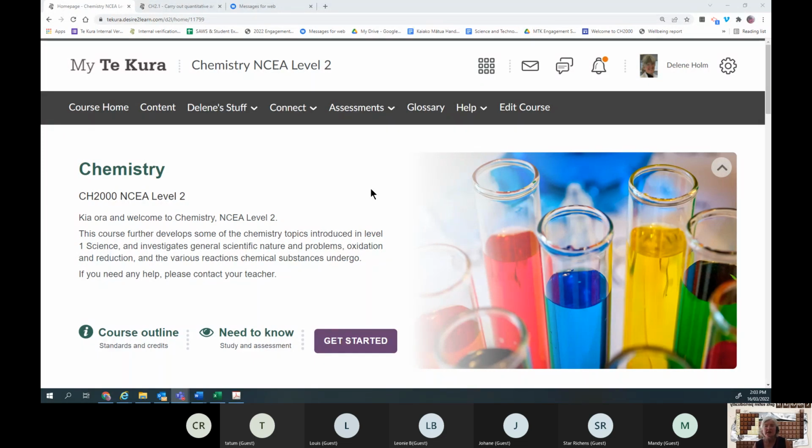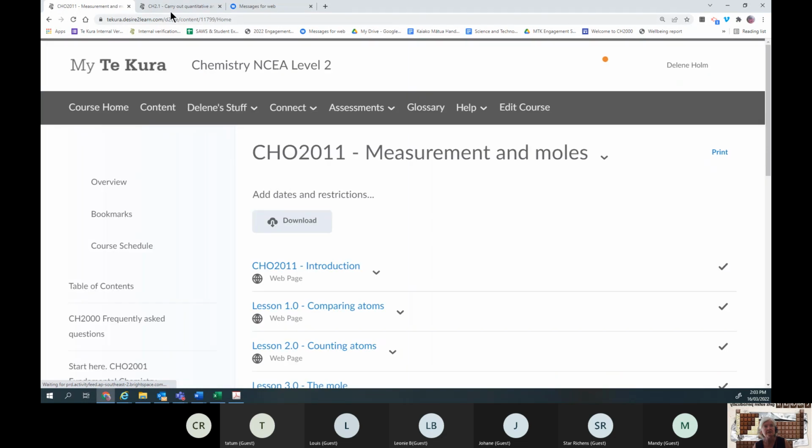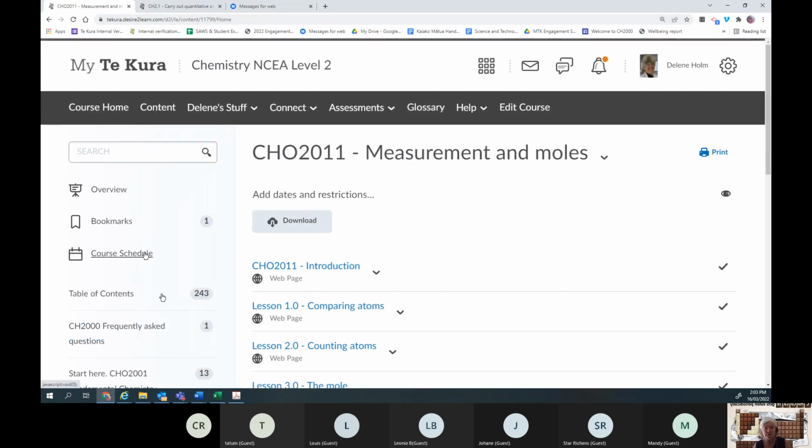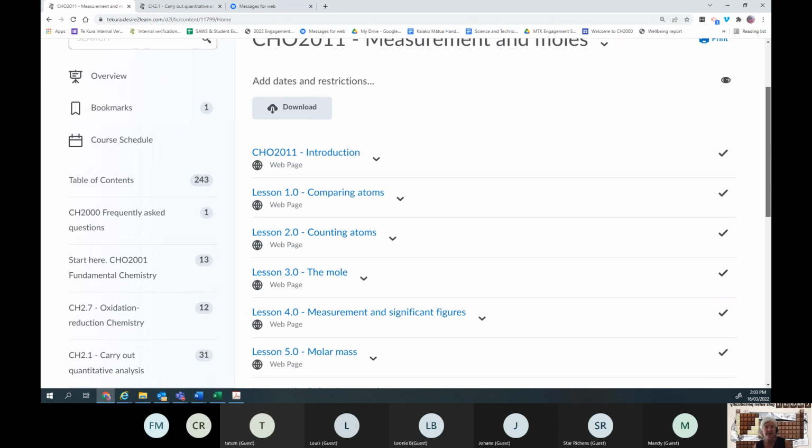Okay, so you can get this document that I'm working with by going to content. So I've just clicked on content, and then you've got over here the list of things, and make sure you scroll down until you get to the CH 2.1 carry out quantitative analysis.